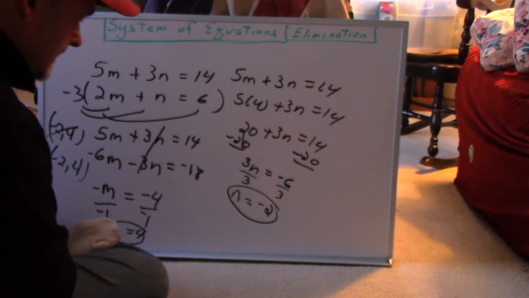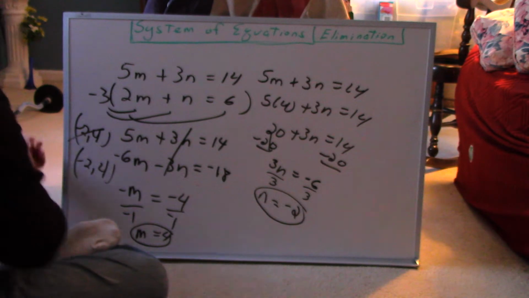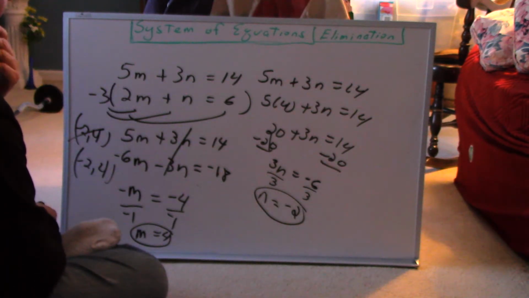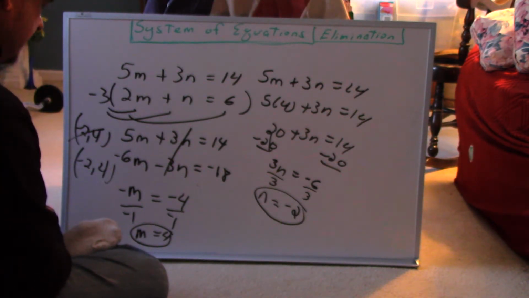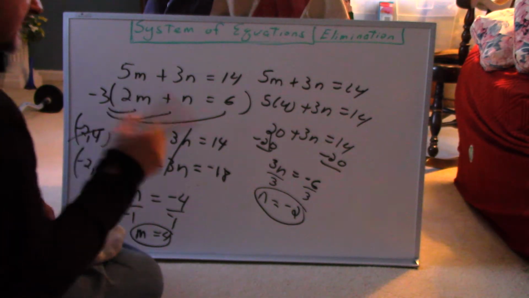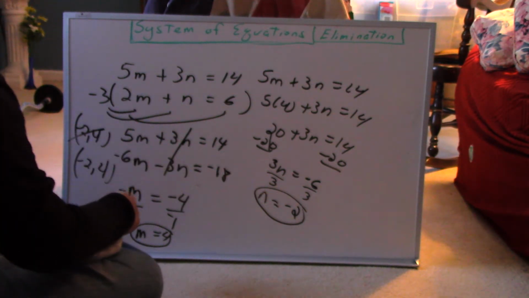Now let's see if I'm correct, because I'm detecting I made a mistake somewhere, because it's not coming out right when I put it in. Let's see if I'm correct. Let's go through it again. And this is a good lesson, because you have to check your work.